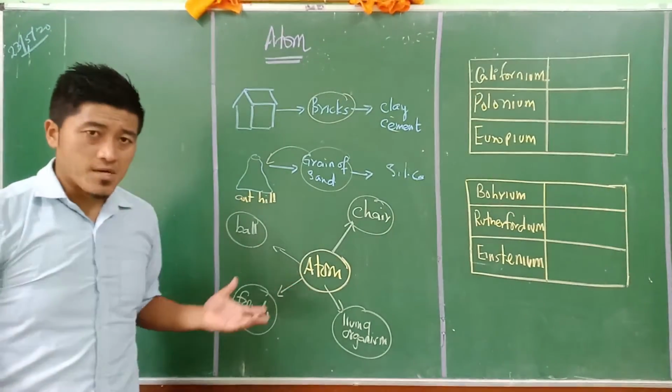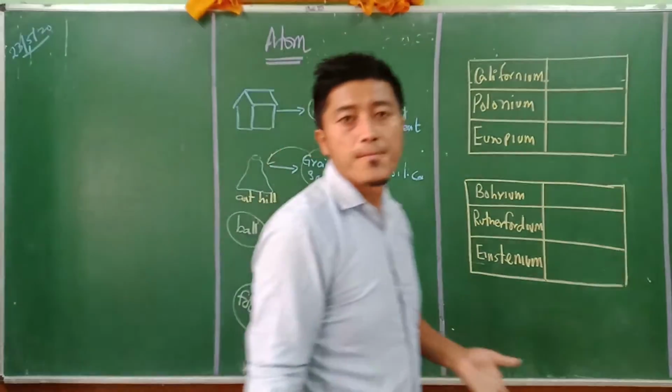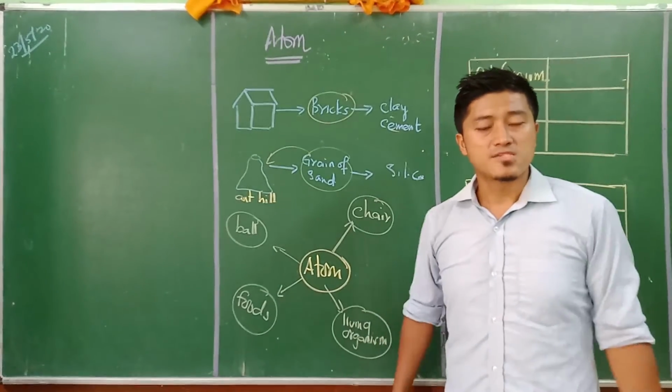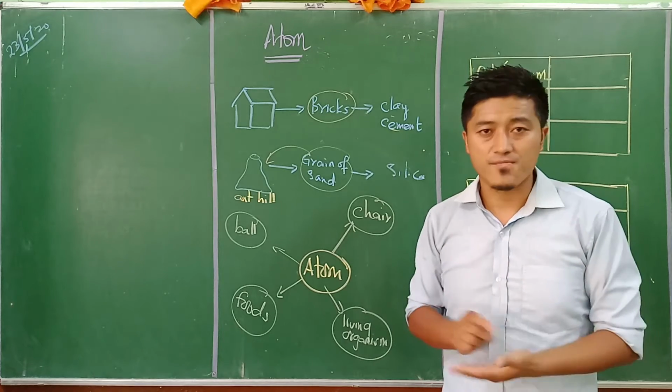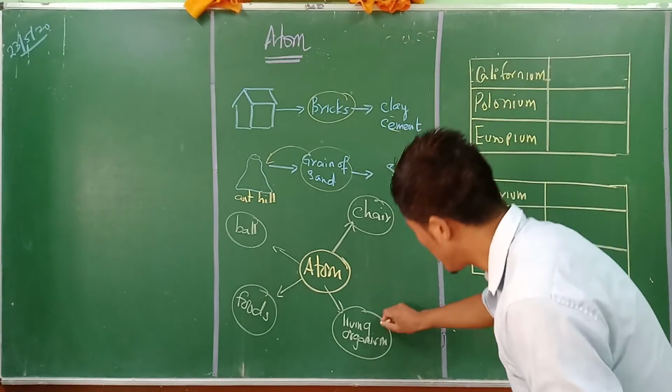All of these are matter, but in the case of living organisms, we have different types. For example, some living organisms come in the form of humans, and some in the form of dogs. There are different kinds of things here.